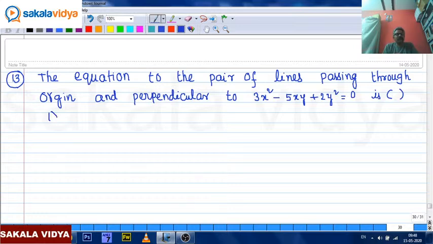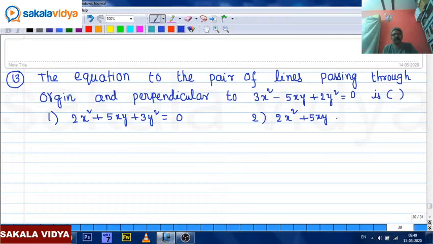First option, 2x square plus 5xy plus 3y square equals 0. Second option, 2x square plus 5xy minus 3y square equals 0.